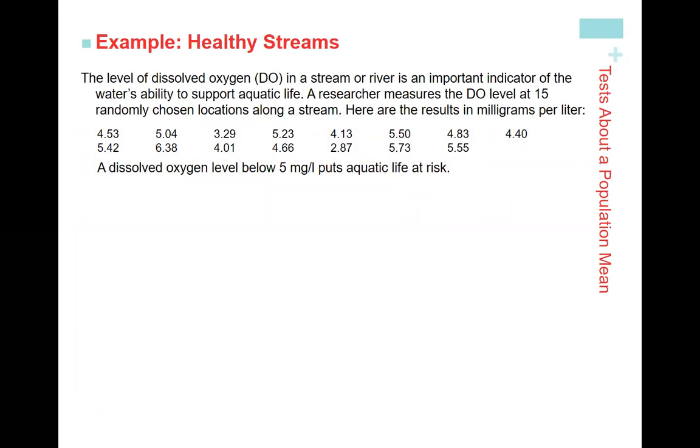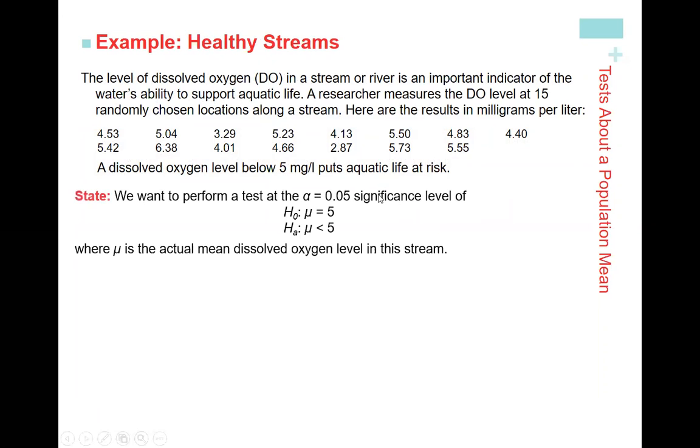All right, so we have our data in list 1. There's your null and alternative. And the way that you know that is the null and alternative is because it says an oxygen level below 5 puts life at risk. So our null is that mu is 5, and our alternative is that mu is less than 5, because that's what we're interested in.